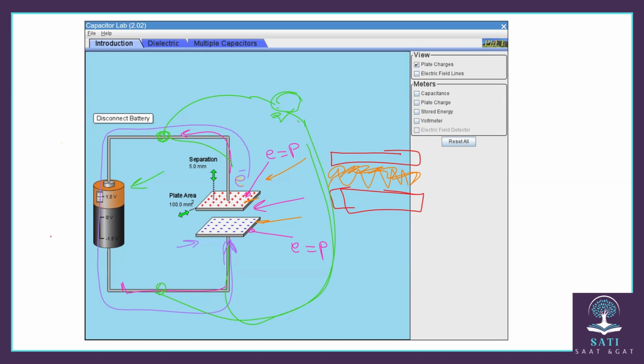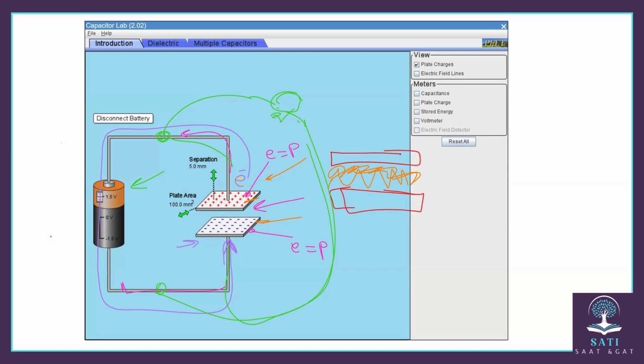So a capacitor is a device that contains two plates and a dielectric material or insulator between them. Capacitors are used to store electrical energy, and this electricity can be used for other things in many electronic devices.